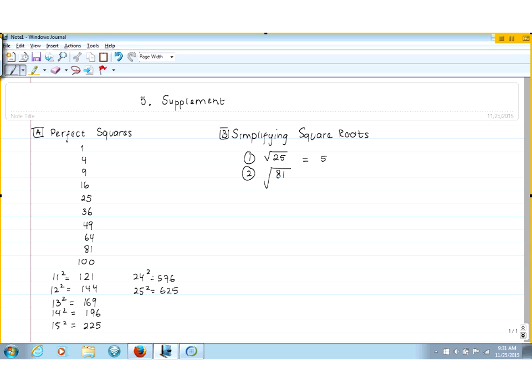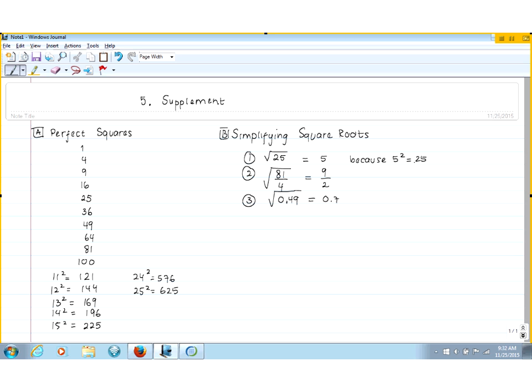What is the square root of 81 over 4? 9 over 2. Yeah. What is the square root of 0.49? 0.7? Why? Because 5 squared is 25, and so on.